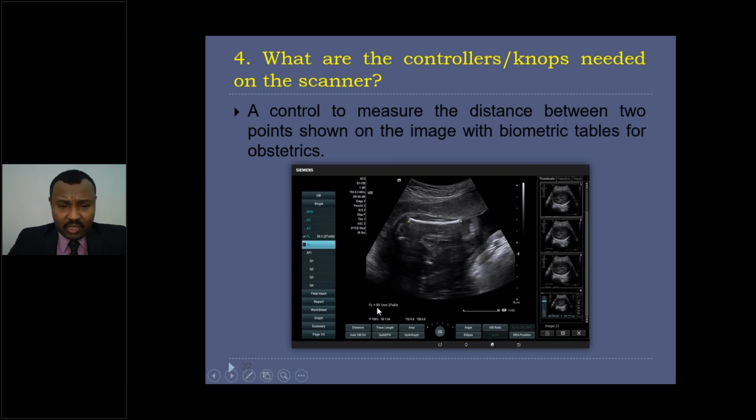If you concentrate, it is about 50 millimeter, 0.1, which is about 5 millimeter, and this is going to be understood by the ultrasound machine to be equivalent to 27 weeks. We have measured from the beginning of the femur till the end of the femur, from the epiphysis of the bone, and here we measure what is known as FL, or femoral length.